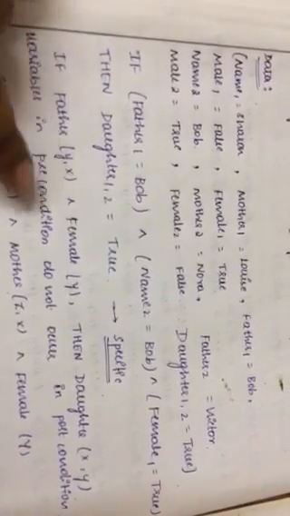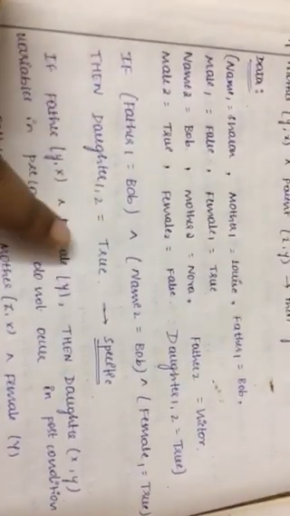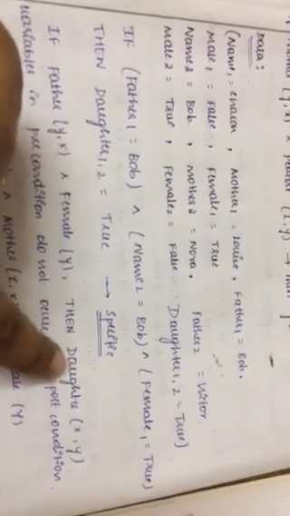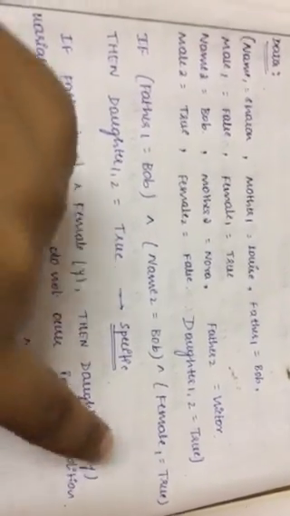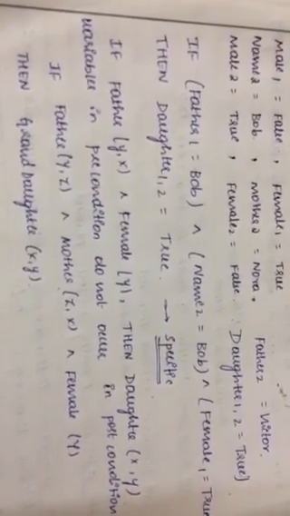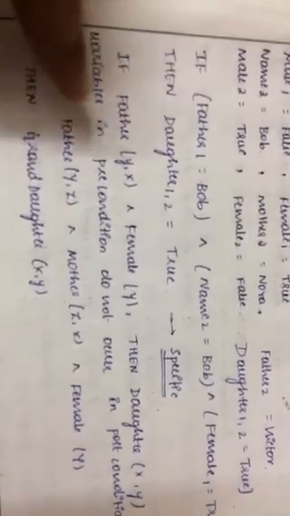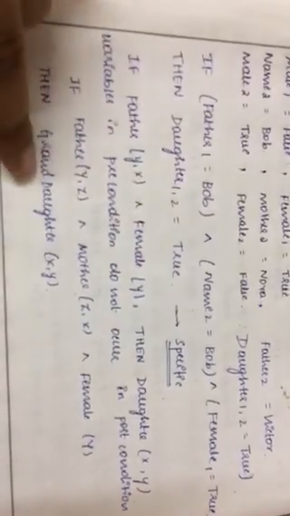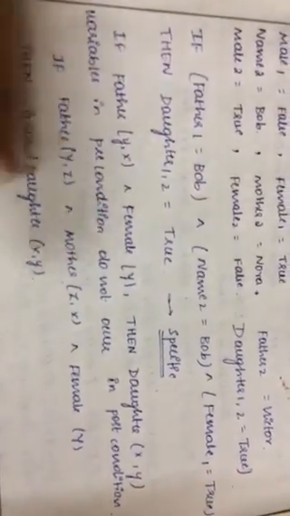That is, X is the father of Y and Y is considered to be female. Then can I say Y is the daughter of X? So in Horn clauses, certain variables that are used in a precondition, in the sense in the if statement, are not used in a post condition.